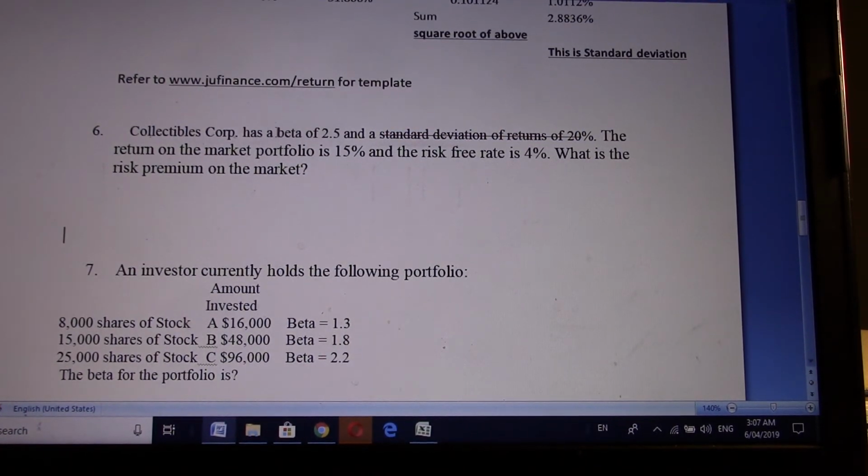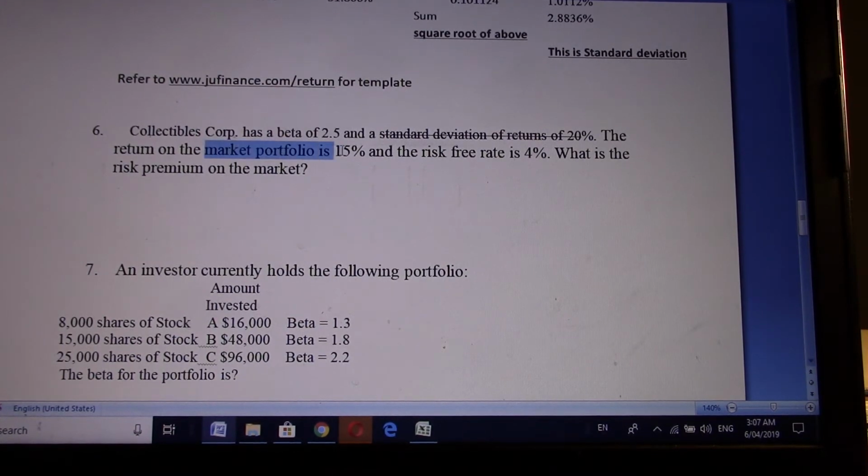Beta is the measure of risk. Standard deviation is not the measure of risk, because we're assuming everybody is rational and holds a diversified portfolio. So we use beta as the measure of risk. We don't use standard deviation to measure risk anymore.